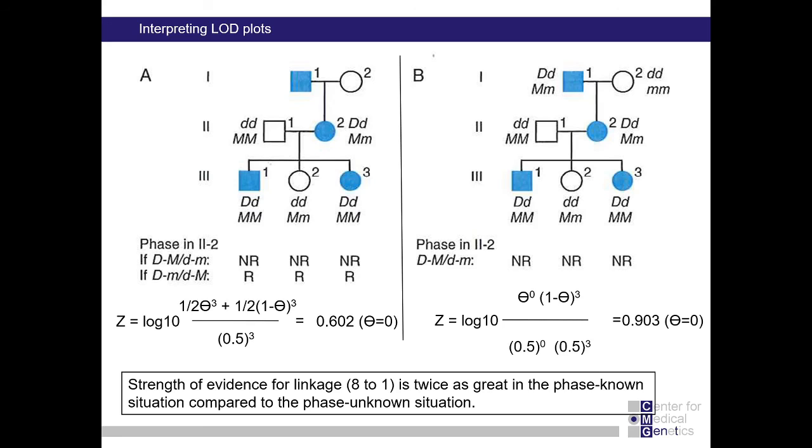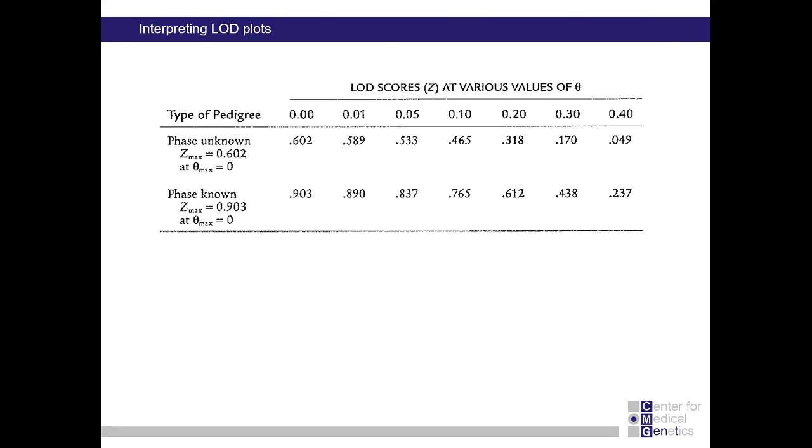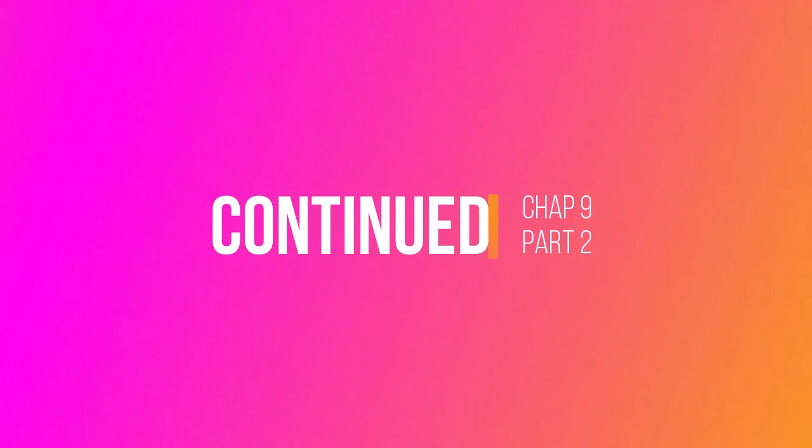You can gather that in B, among the 3 children, the D and M did not recombine, because big D and big M are there, just like the mother and also the grandfather. In all 3 children there is no recombination. So this is the log score for various values of theta. The end. Continue in part 2.